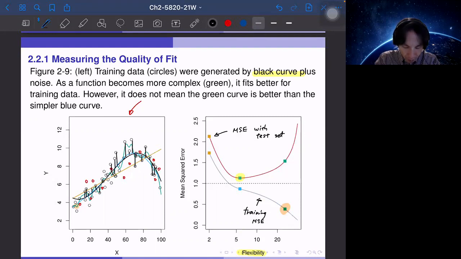In this simulation it's clear that the black sections are noise. In the real example, we don't know the truth, so we cannot really tell what is noise. But since the green curve is not smooth, probably it picked up too much noise.